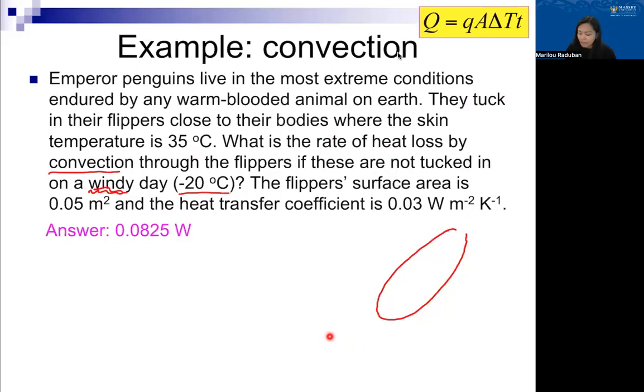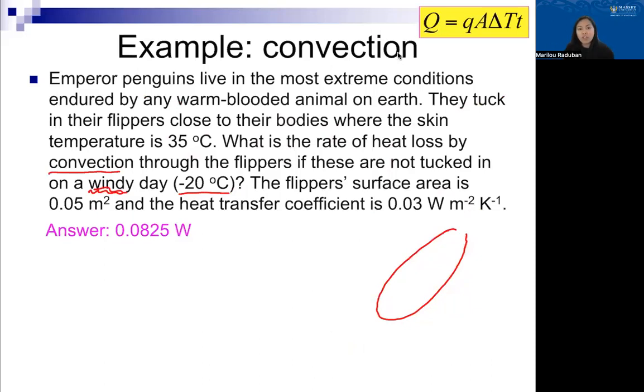If it were a still day, not windy, and the flippers were just sitting there in still air, then you can treat that similar to the egg that's just sitting there in the atmosphere, and then you can say that there's heat transfer by conduction. So in a way, there's also some heat transfer by conduction here, because the flipper is in direct contact with the cold air outside.